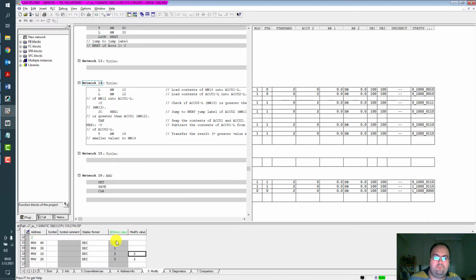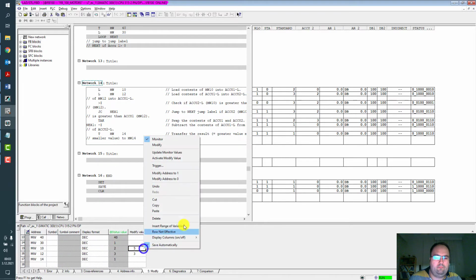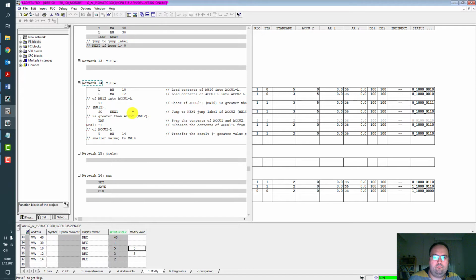Right now there is no jump. Right now there is a jump.